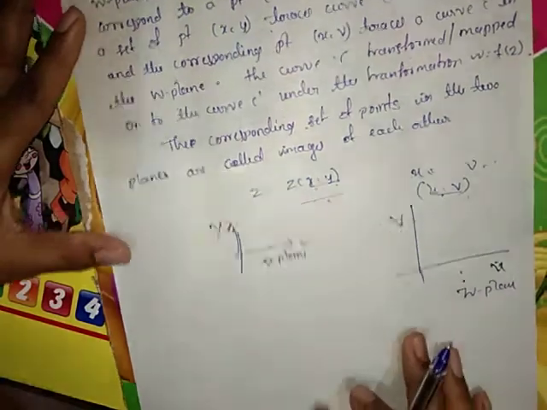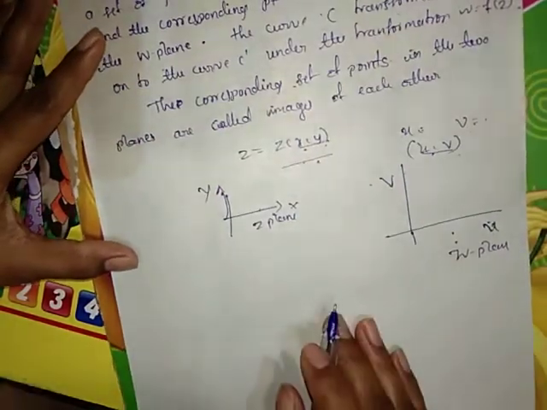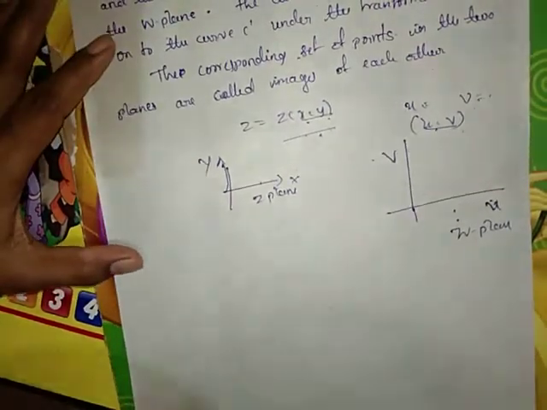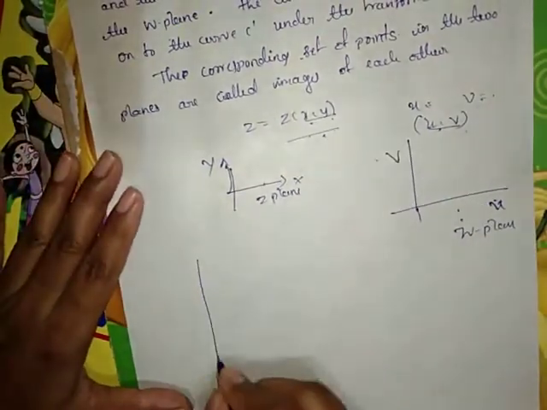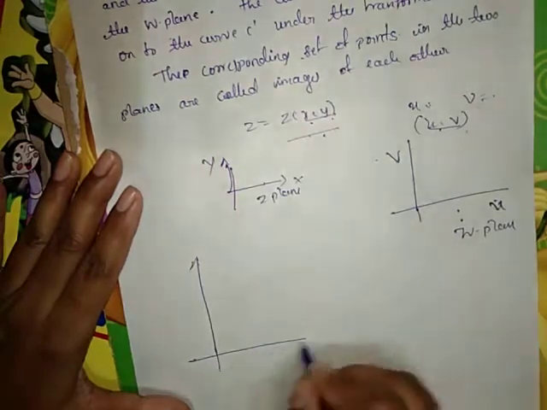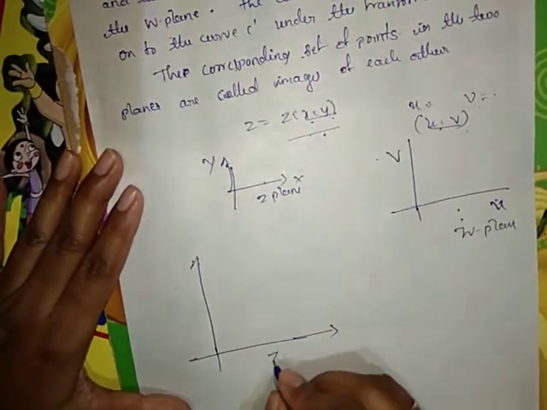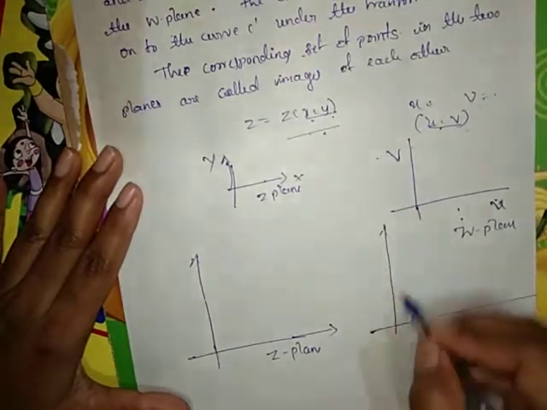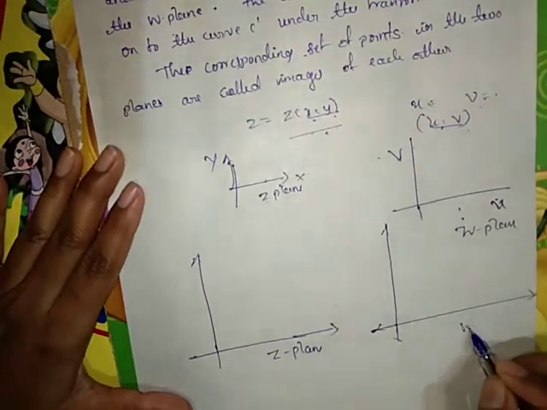Now I am moving to what is the conformal transformation then. Before that, see here, suppose this one is your z plane and this one is your W plane.